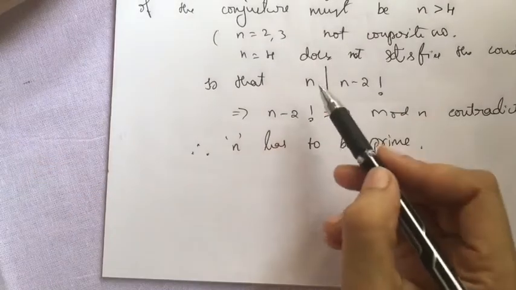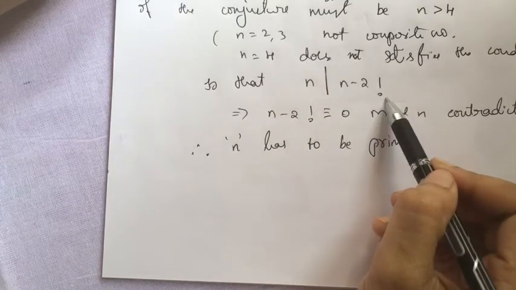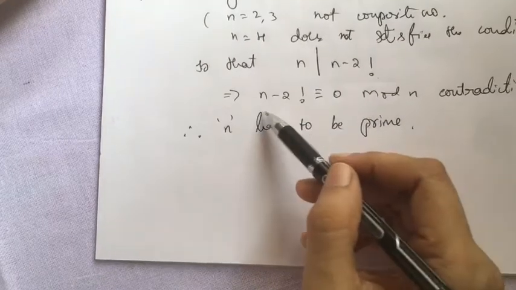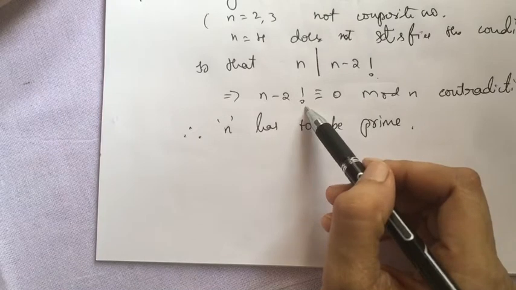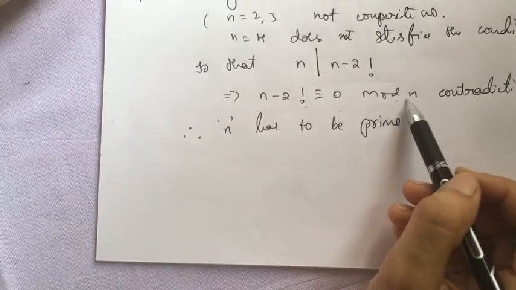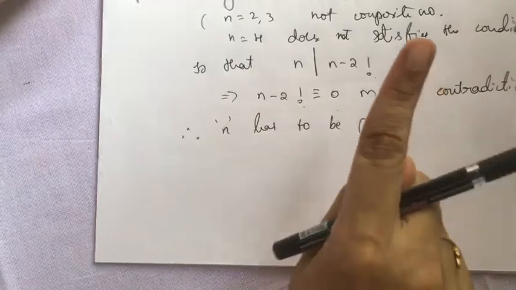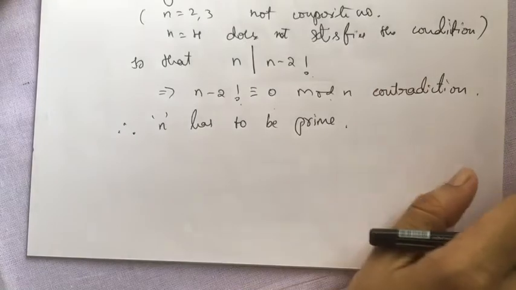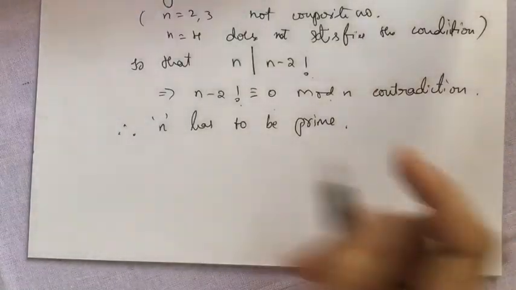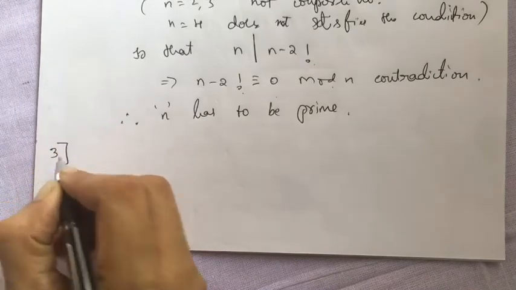So when that is the case, of course n divides (n minus 2) factorial, and in that case (n minus 2) factorial is congruent to 0 mod n, right? Which is a contradiction to (n minus 2) factorial being congruent to 1 mod n, therefore n has to be a prime number. Just look at the next problem.